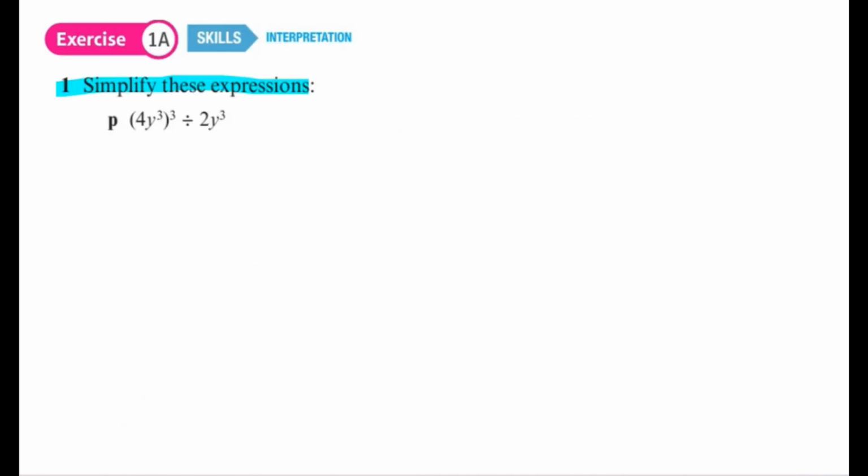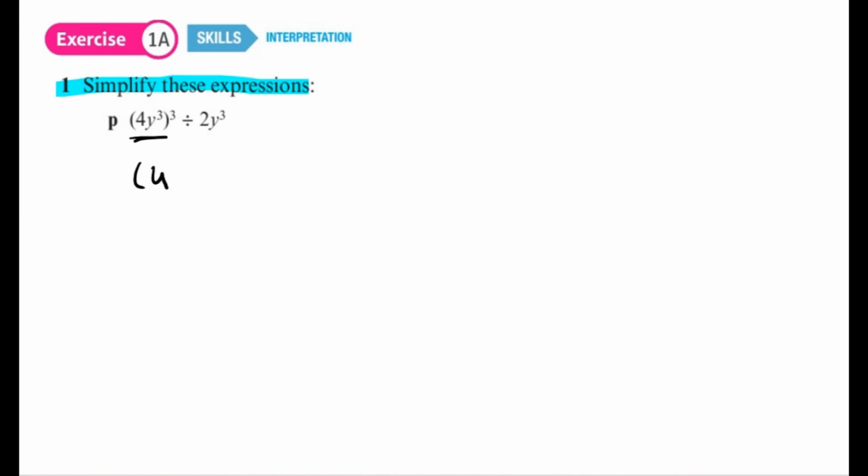Next, move to exercise 1A. First question is simplify this expression. Now you have to think about the laws of indices, which rule we can apply here. Let's start. As you can see, first we have a bracket and power. So we have to apply the law, we have to separate the power.